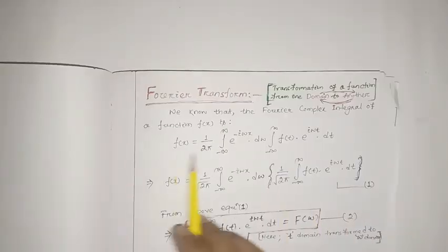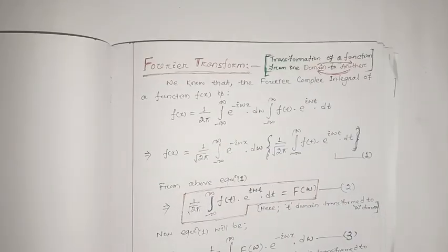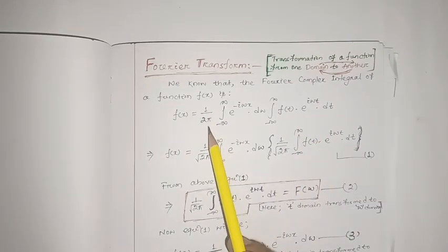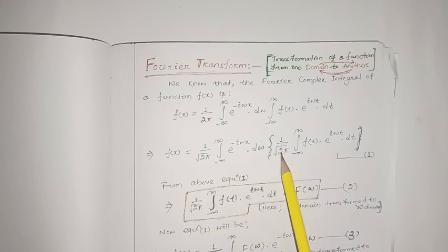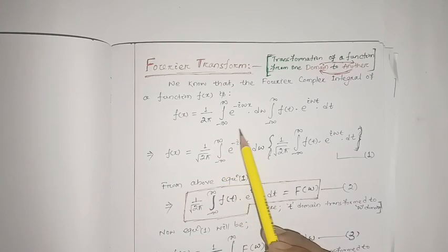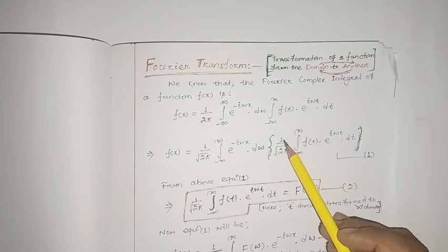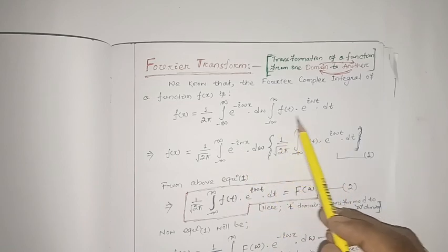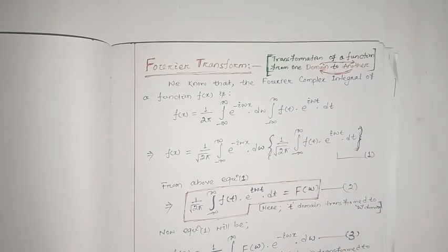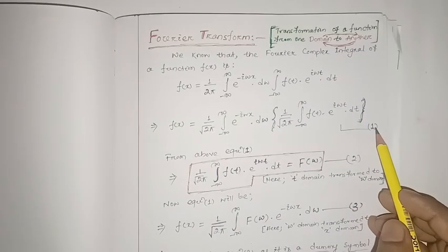The same thing I have written over here, and in the next step, I wrote 1 by root 2 pi in both places, so 1 by root 2 pi integral from minus infinity to plus infinity, with e to the i omega x d omega, and the other 1 by root 2 pi integral, all in curly brackets. Let this be equation number 1.